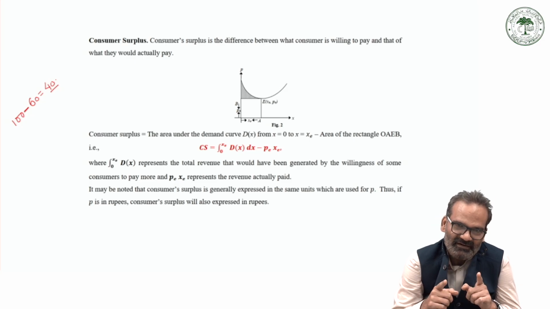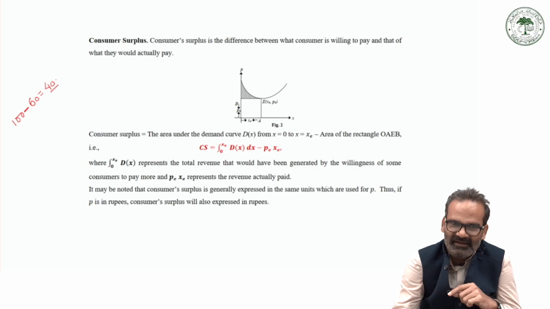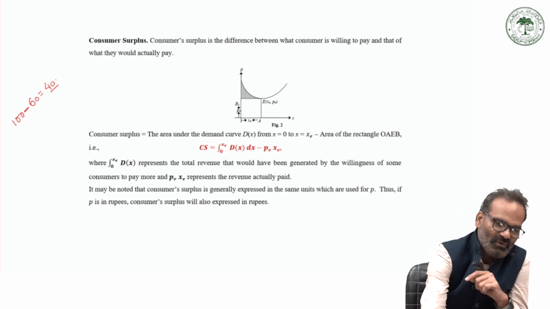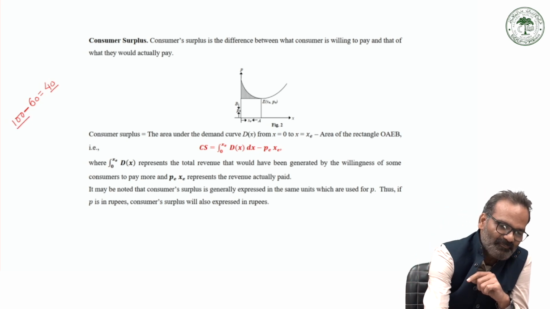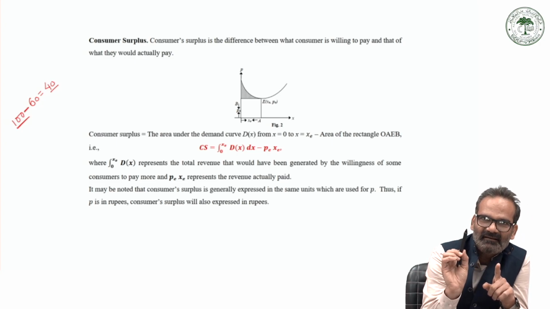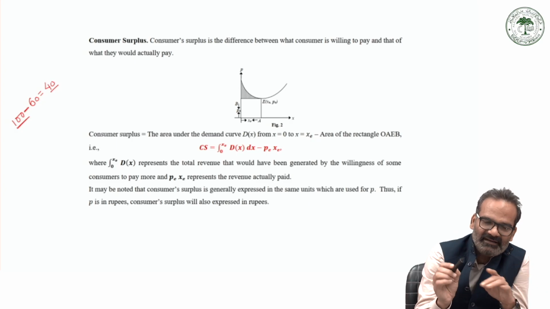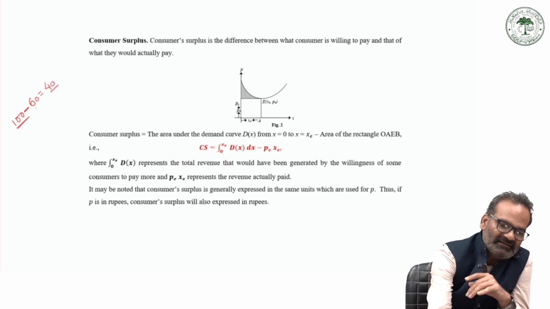So the same as I stated in the definition, consumer surplus is the difference between what the consumer is willing to pay and what he must actually pay. So 100 rupees is the price which the consumer is willing to pay for this pen. But when he visits the market, he gets the same pen for 60 rupees.